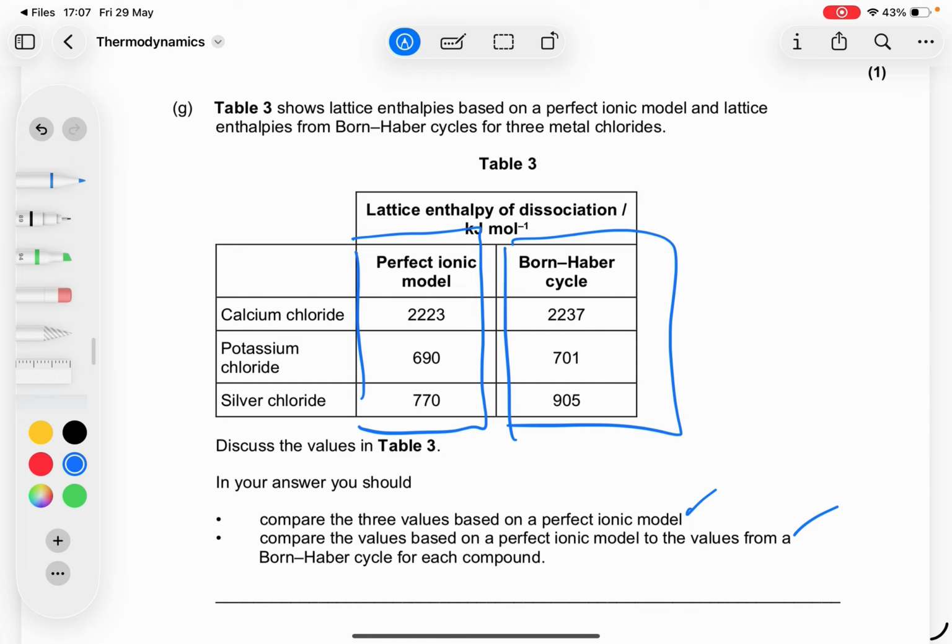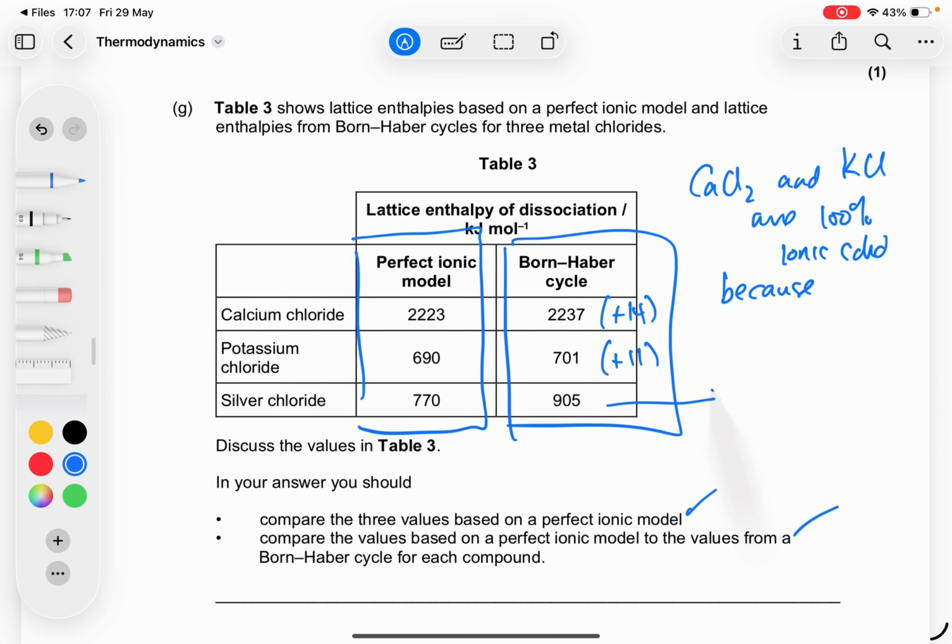So number 1, the first thing I will say is calcium chloride and potassium chloride are 100% ionic solids. Because, okay, I won't write this, but I'll say it. Because the difference in lattice enthalpy of dissociation value between perfect ionic model and Born-Haber cycle model is very, very little. Like here, you've got a difference of 14. Here, you got difference of 11.